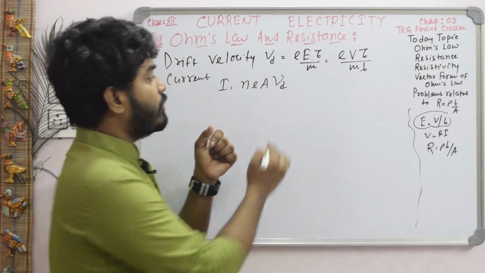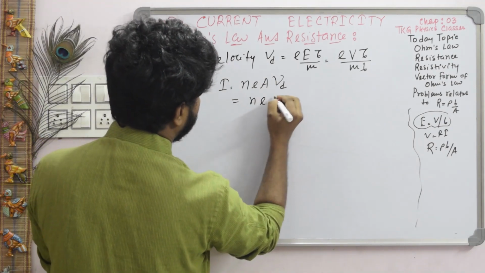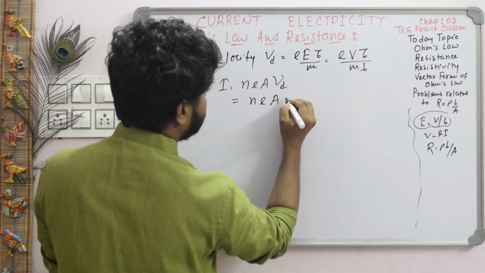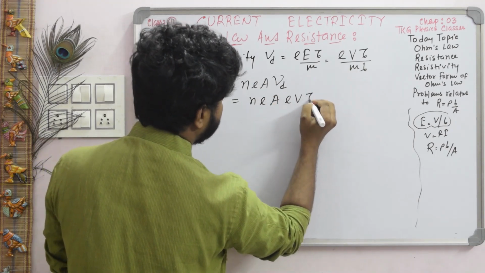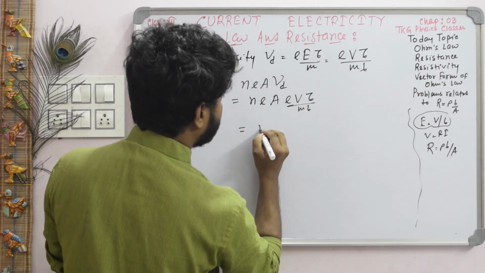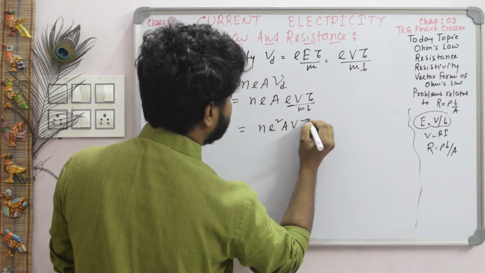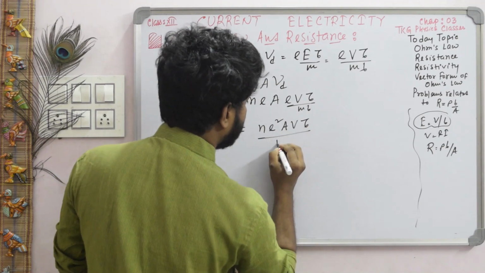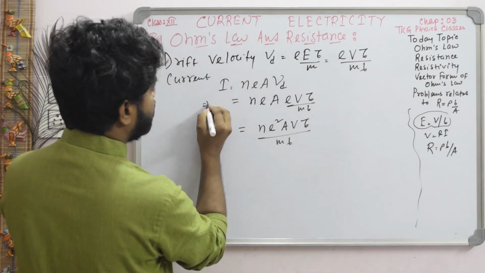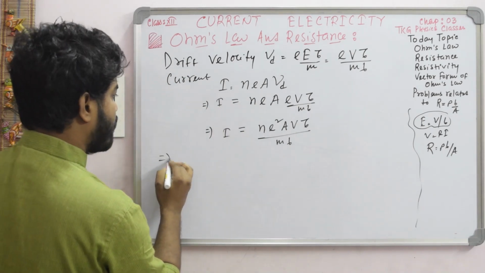Now in the place of Vd you just use this formula, that is nAe, and in place of Vd you write eV tau by mL. So simplifying, this formula becomes I = n e square A V tau divided by m L. So what will be the value of I by V?